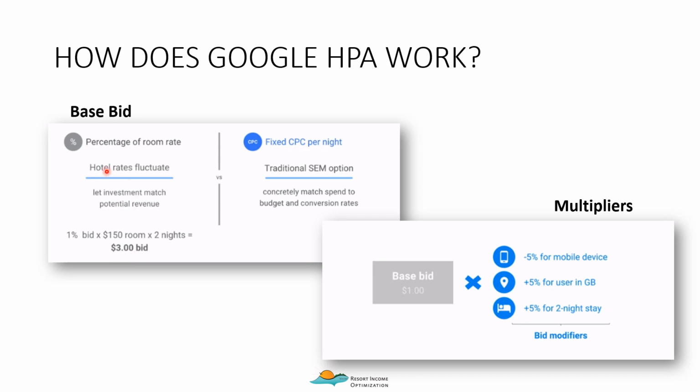And whether you bid this way or you just bid over here $3 or $4 or whatever, that's called the base bid. Then over here you have some multipliers. You can subtract 5% for a mobile device. You can add 5% for users in Great Britain, add 5% for 2-night stays.